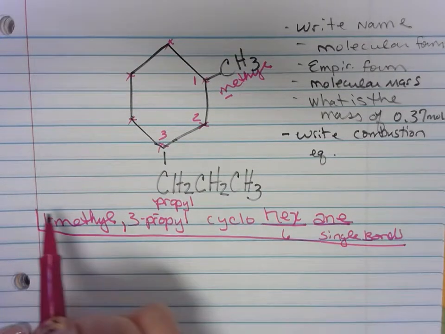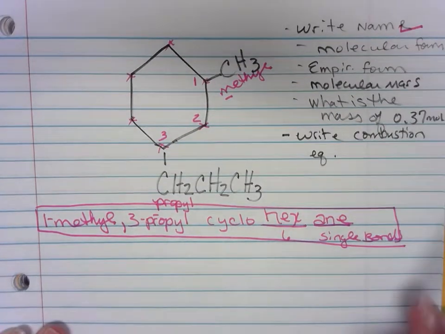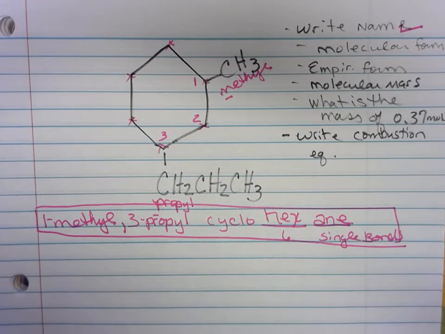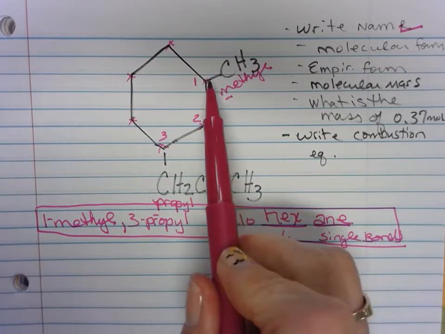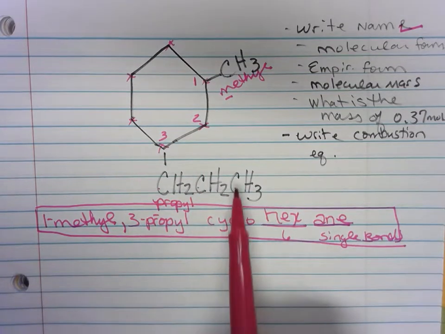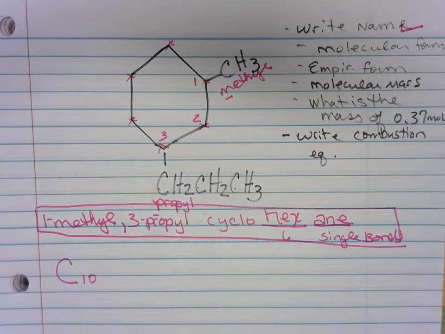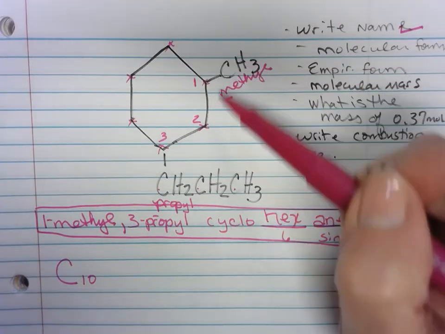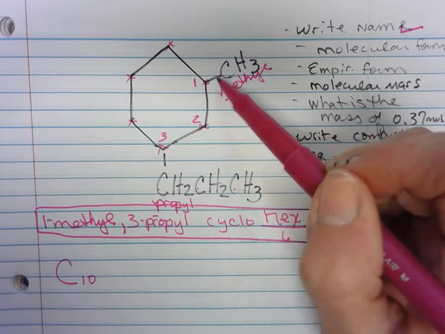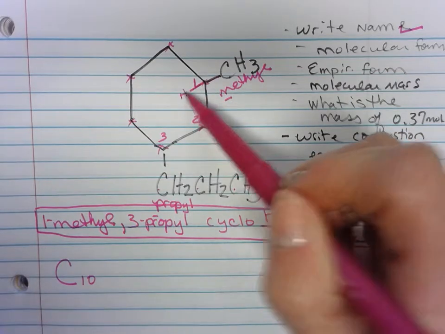So this is our first part, writing the name. Now let's write the molecular formula. Remember, you've got these 6 carbons. This makes 7, 8, 9, 10. So I have C10. Our hydrogens: this carbon right here has 3 bonds, so I can put a hydrogen here to make it 4.